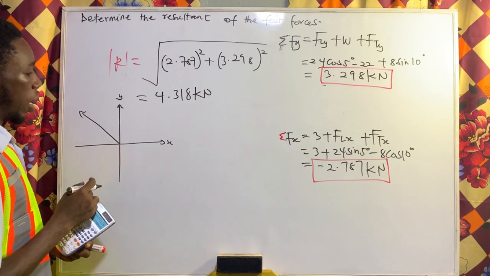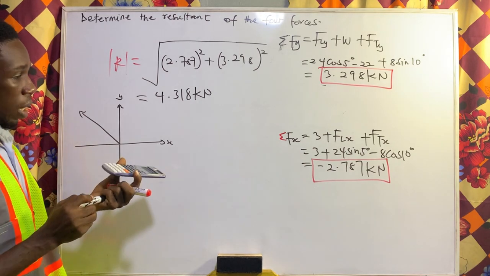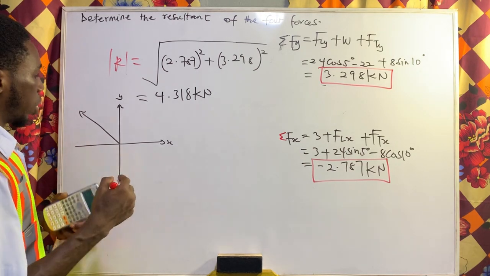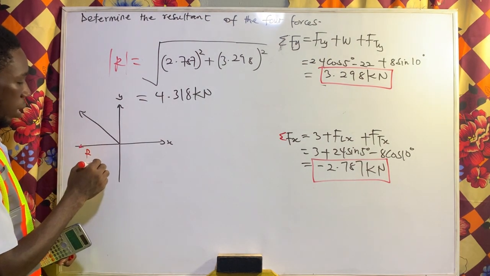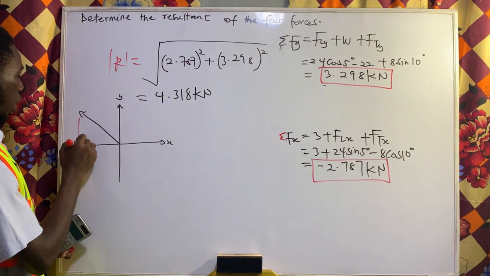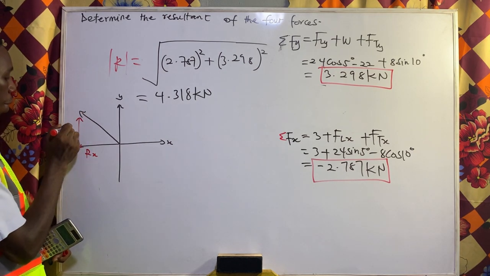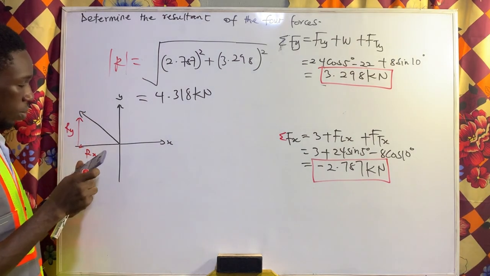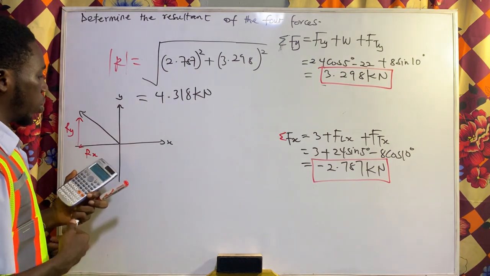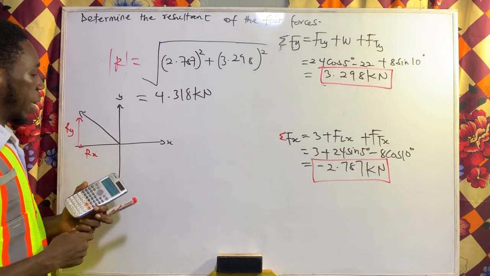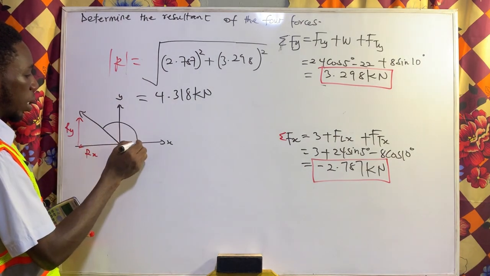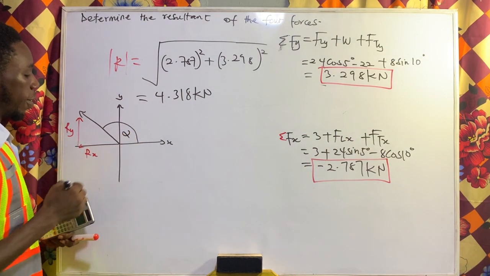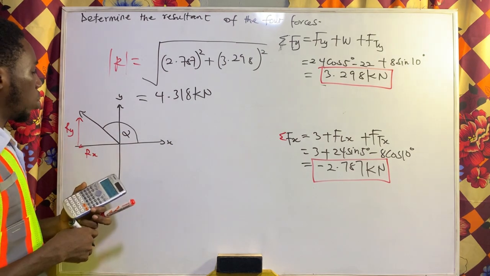So this will be, let's say, Rx, and then Ry here. Now I want to find the angle it makes with the positive x-axis, which will be this angle here, let's name it as alpha. So this is the angle that we want to find.